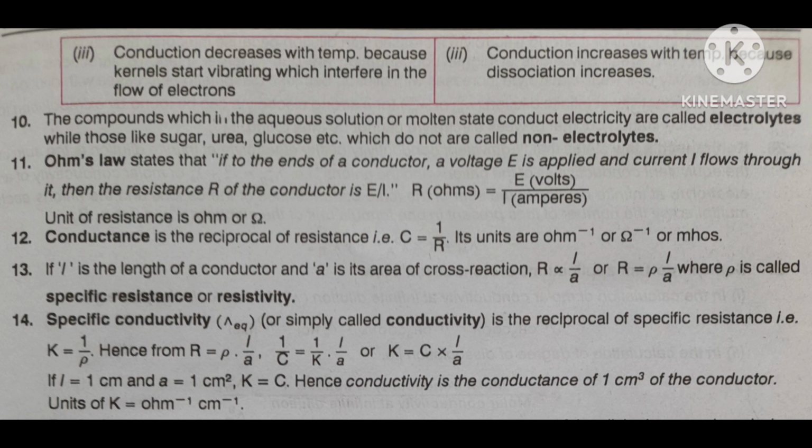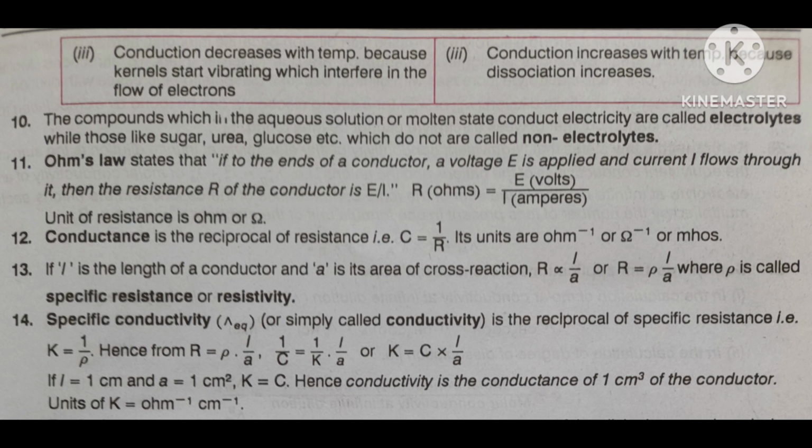What is resistivity? If L is the length of a conductor and small a is the area of cross section, then R will be directly proportional to length and inversely proportional to cross-sectional area.